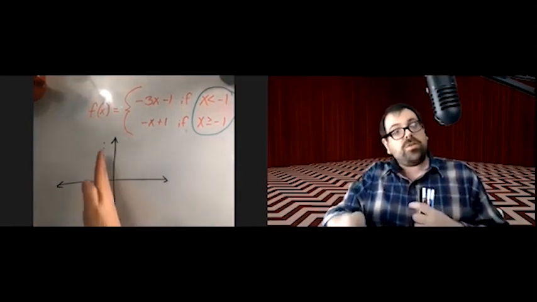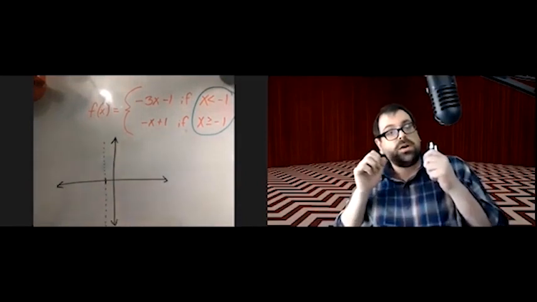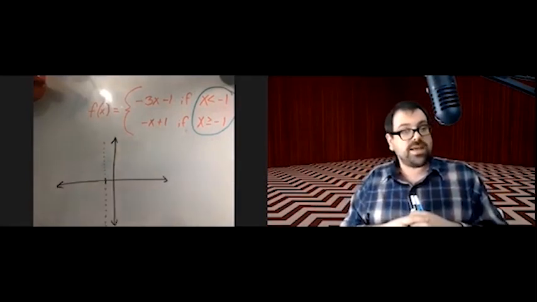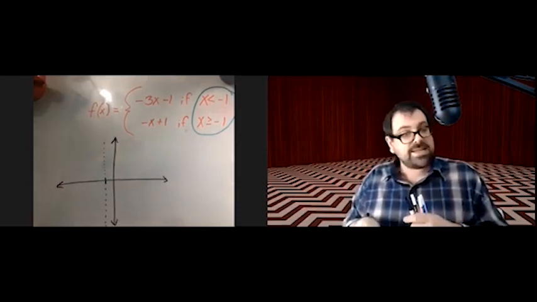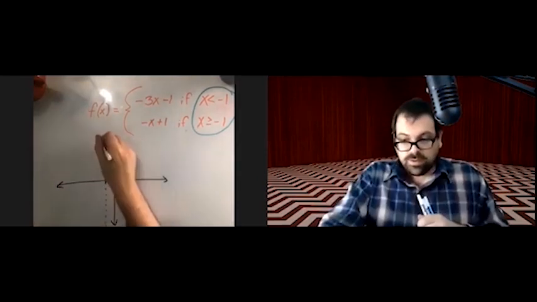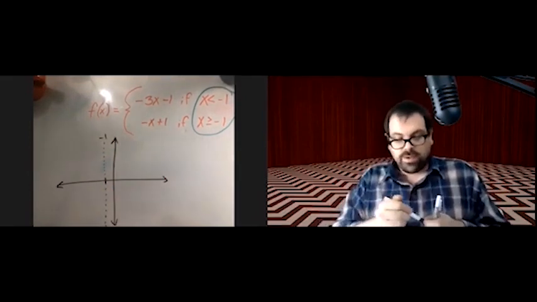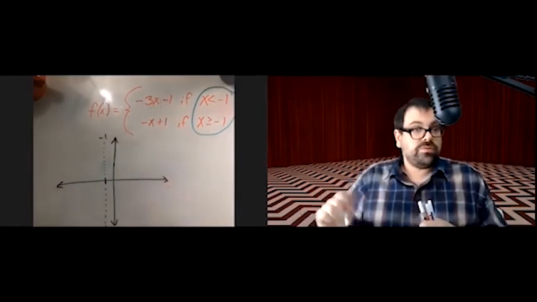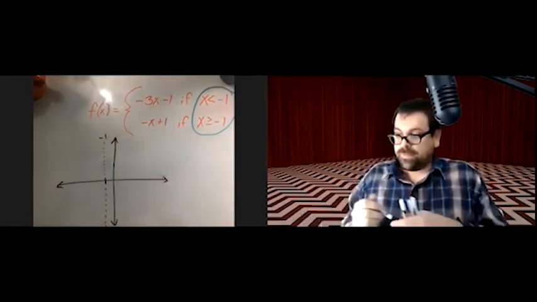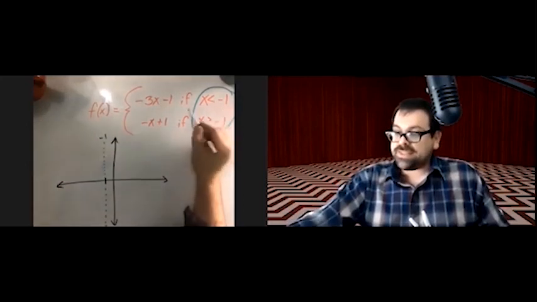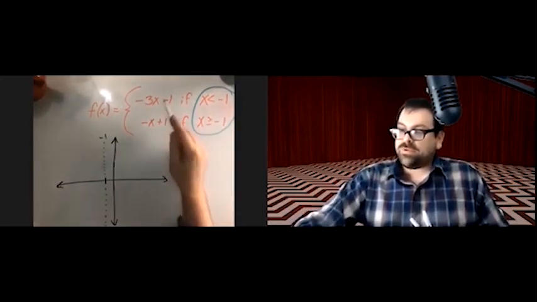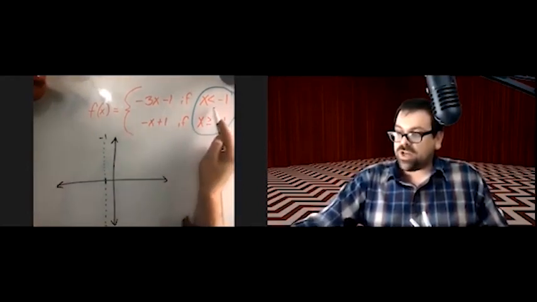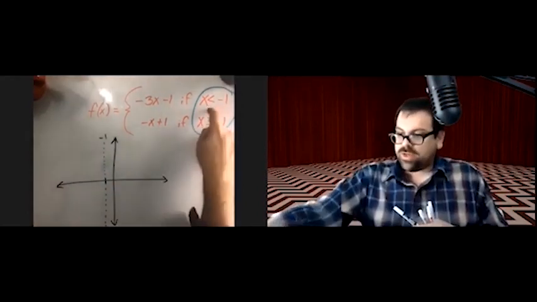And then I find all the filled in or open circles, endpoints on this line. Since this dotted line is -1, I put that value in for x in both of the functions. When x is less than -1, I use the top. So the top one is going to be an open circle because it's not or equal to.